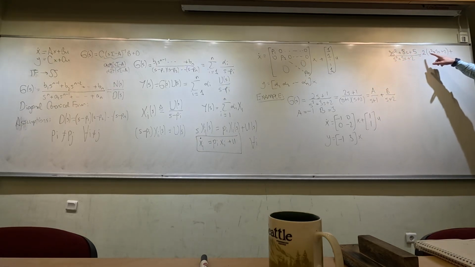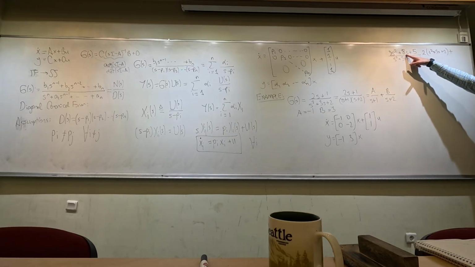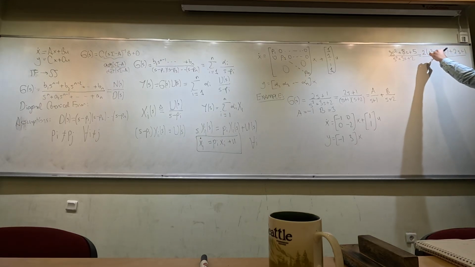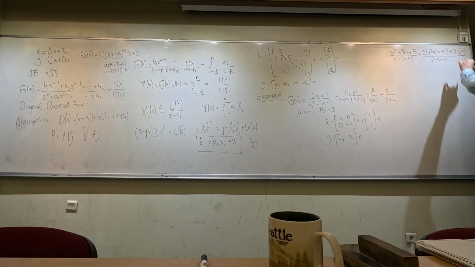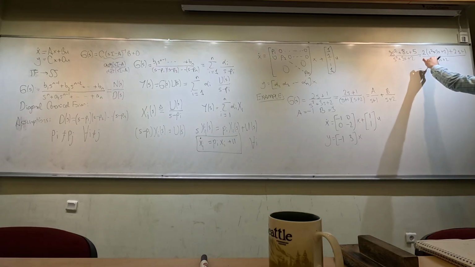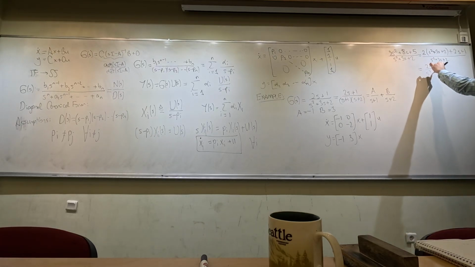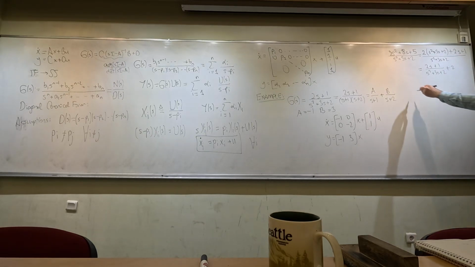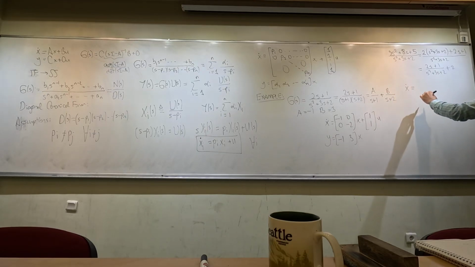I will have 6s here, so this is going to give me 2s, okay, plus 1 divided by this thing, s squared plus 3s plus 2, okay? So then I see that this is nothing but 2s plus 1 divided by s squared plus 3s plus 2 plus 2 here, okay? And this actually means that I have the state space representation.